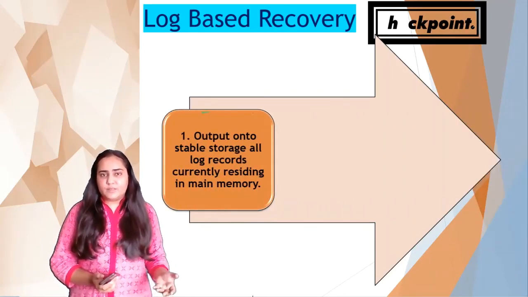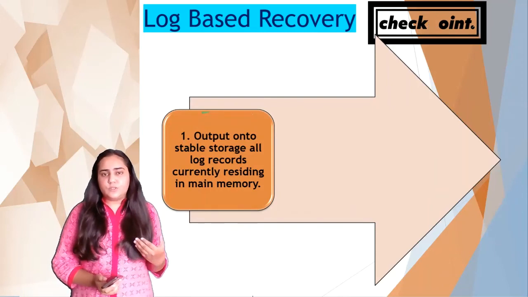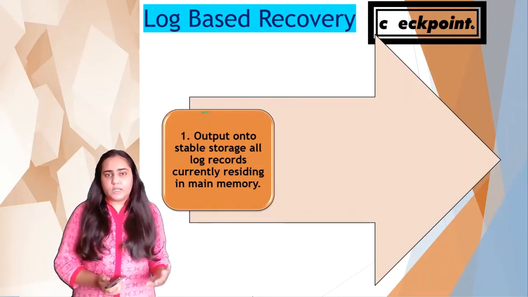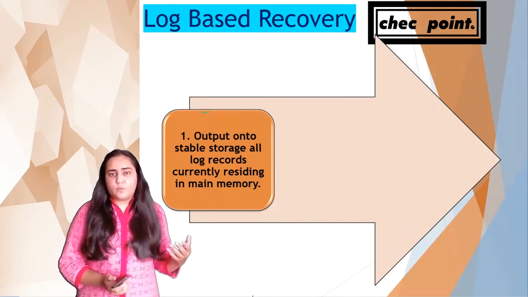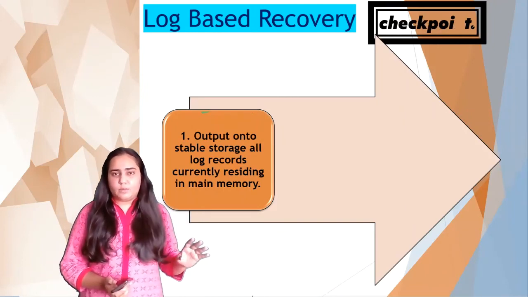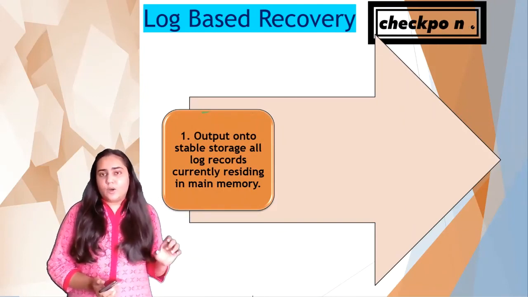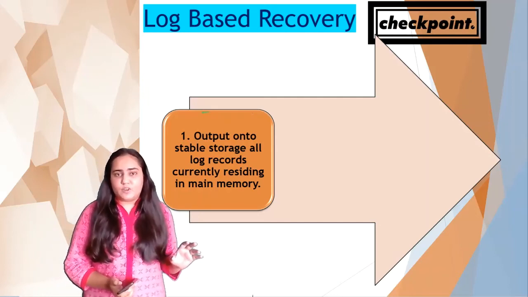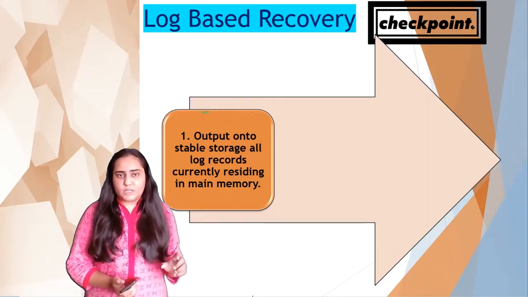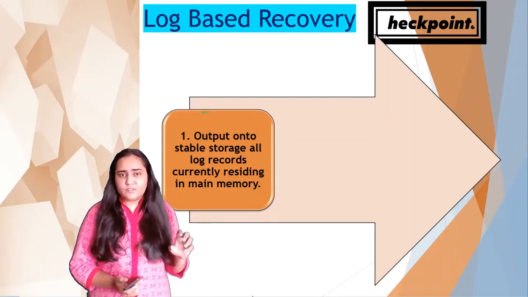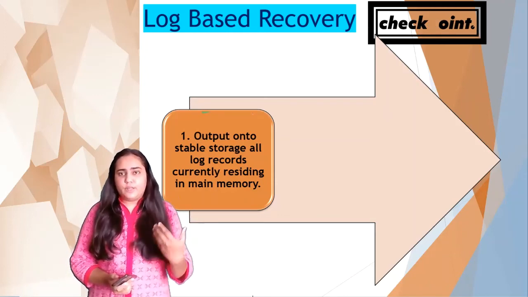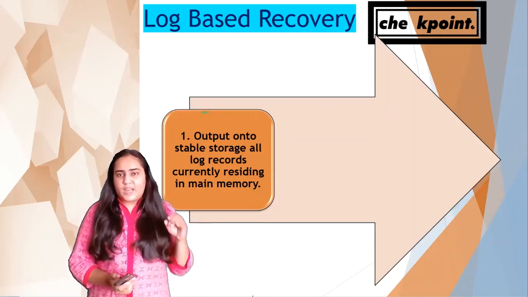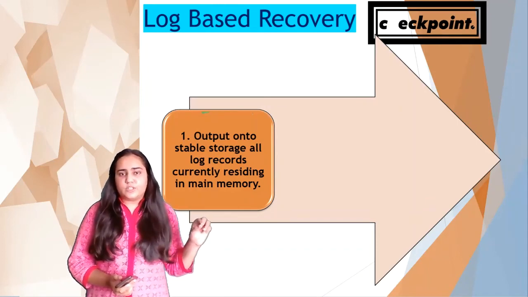The first step is you will output onto stable storage all log records that are currently residing in the main memory. The log is actually present in the main memory as a file that your system maintains. So this file is stored into the secondary memory at whatever place you want to put a checkpoint.